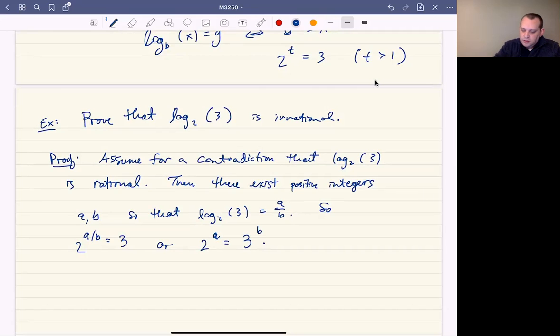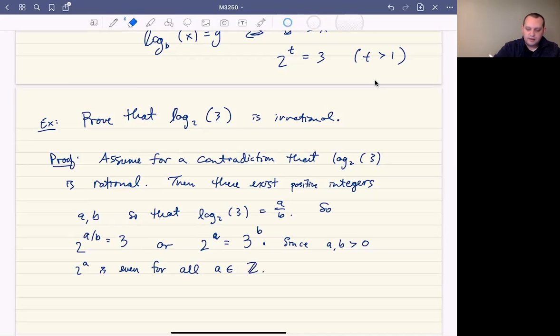Okay, so since a and b are positive integers, it follows that 2 to the a is even for all a. That's not an obvious statement. Obvious is a 4-letter word in math. But you should prove this, and I'd like you to prove it. How can you prove that 2 to the a is even for all a? What I've said is false.